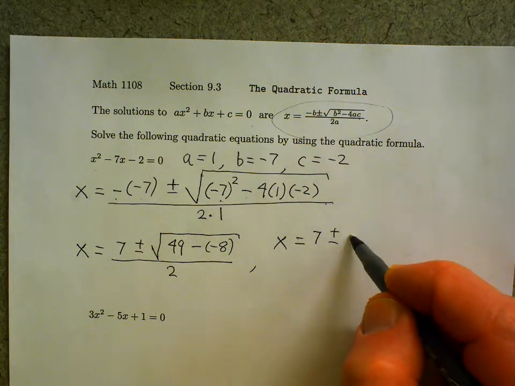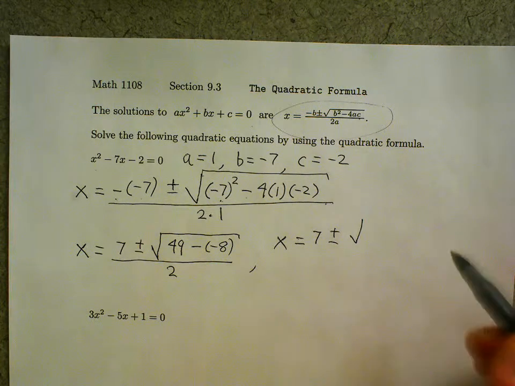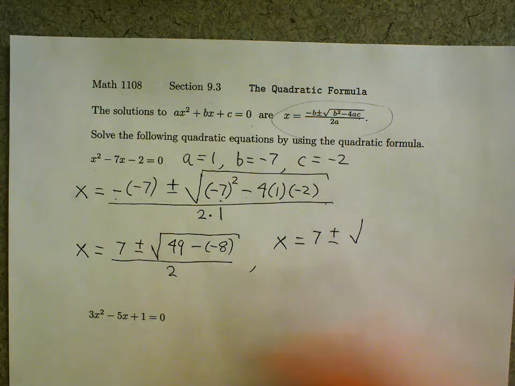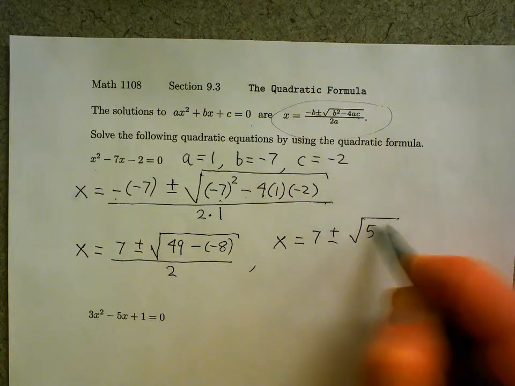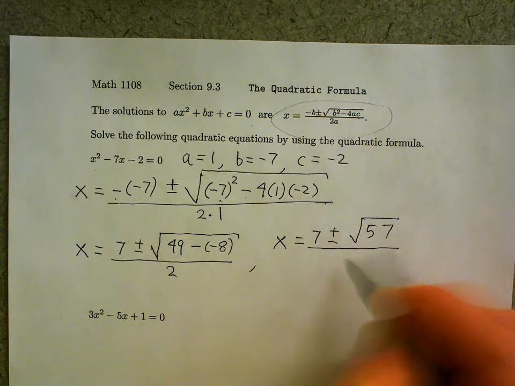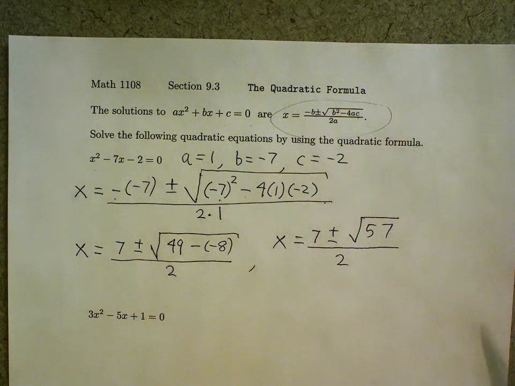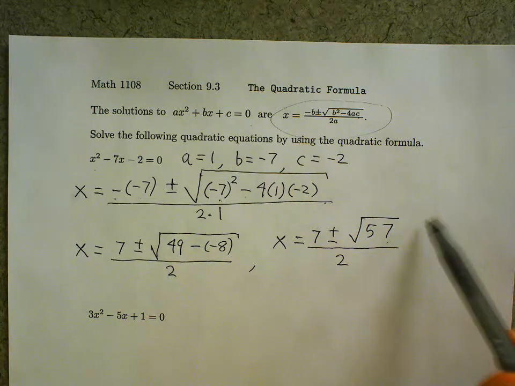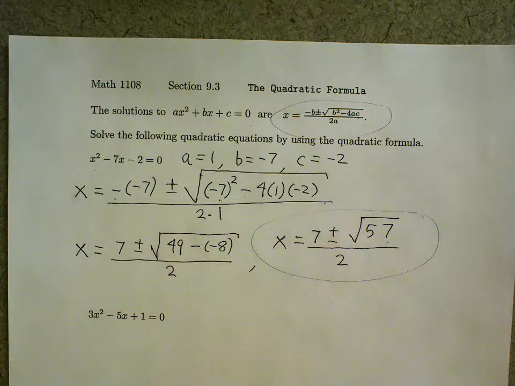And the only thing left to do is simplify what's inside the square root. Square root of 49 minus -8 is the square root of 57, all divided by 2. The square root of 57 cannot be simplified any further. So in this case, we have the 2 solutions.